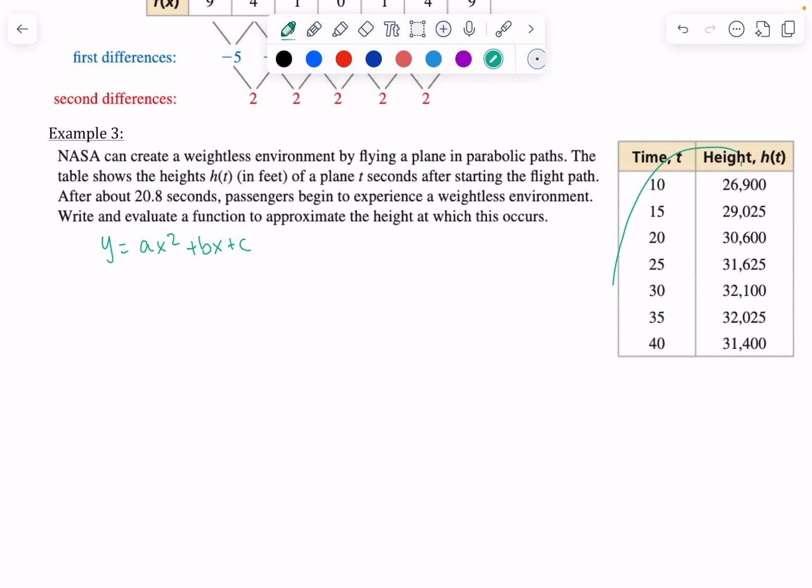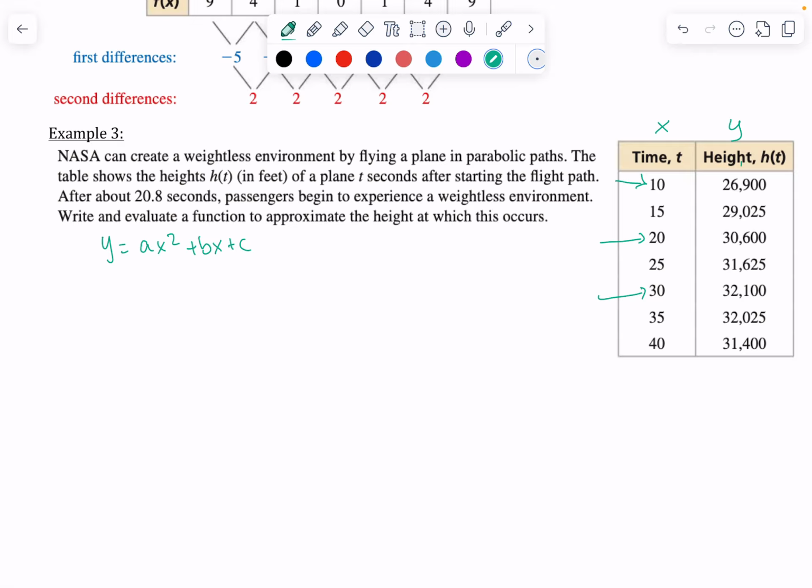So I have more than just 3 points, so that means I have some choice here. I'm going to pick the ones that I think will be the easiest. So that would be 10, 26,900, 20, 30,600, and 30, 32,100. Okay, so remember these are all x, y pairs.